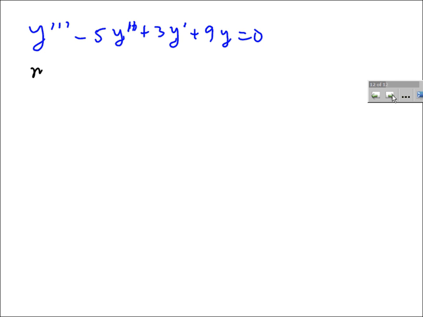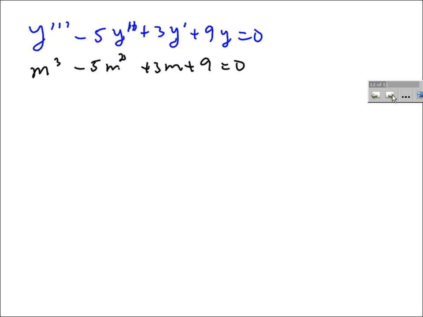Okay, try a couple more. Suppose you have y triple prime minus 5y double prime plus 3y prime plus 9y equals 0. So we have 1m cubed minus 5m squared plus 3m plus 9 equals 0.